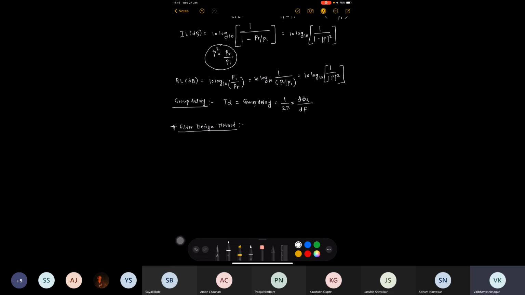So filter design methods. There are two methods of designing the filter. The first method is the image parameter method. And the second method of filter design is the insertion loss method.